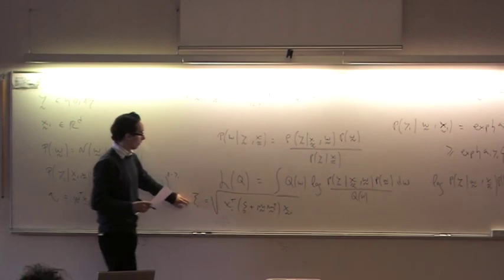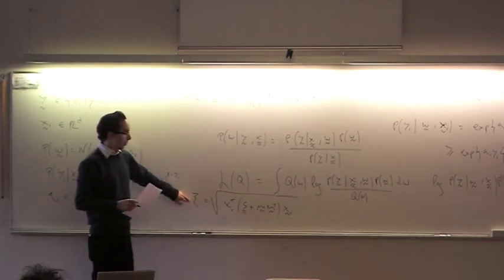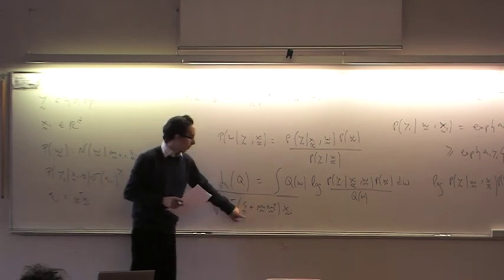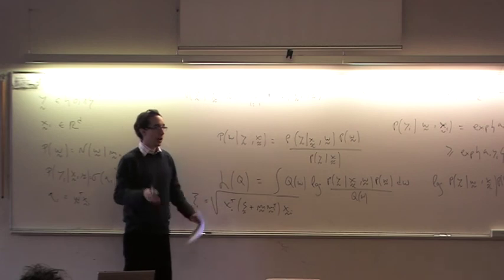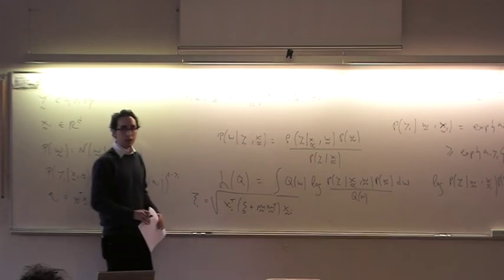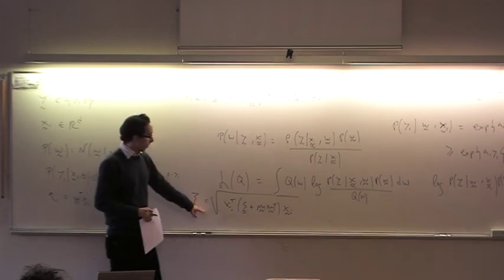So the value of the variational parameter psi i is just obtained as a function of the mean and the variance of the Gaussian. I have to iterate these two updates until the whole thing converges.